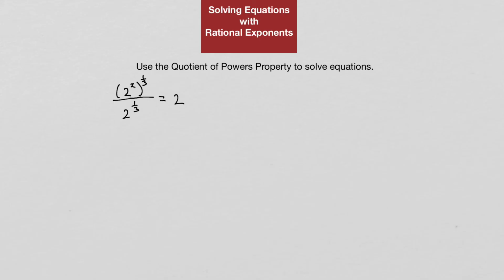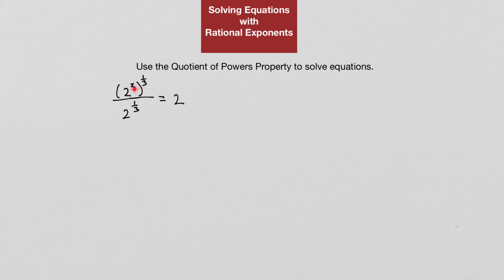We're going to use the quotient of powers property to solve an equation, and we're going to use the following example. Okay, so in this last example, we have 2 to the x power raised to the 1/3 power divided by 2 to the 1/3 power, all equal to 2. Okay, so the first step is to take care of what's going on here in the numerator.